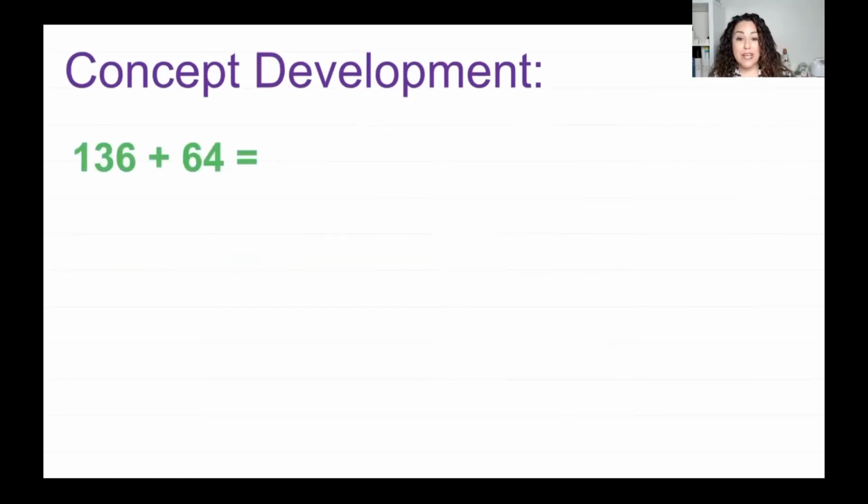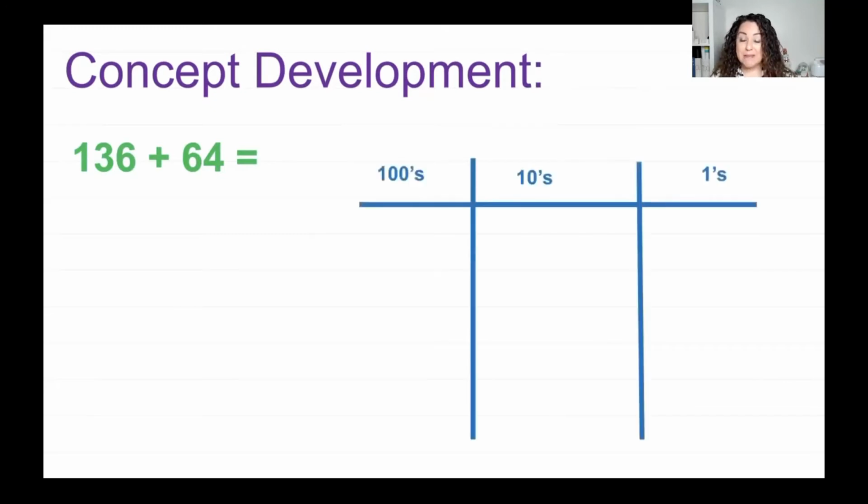I have 136 plus 64. I'm going to do it the same way. The first thing I need is my place value chart. Remember, you can write one of these on anything that you have, a piece of paper or a whiteboard, but it's really simple. You just do it yourself. So let's make our first number, 136. Now I have 100, 3 tens, and 6 ones.